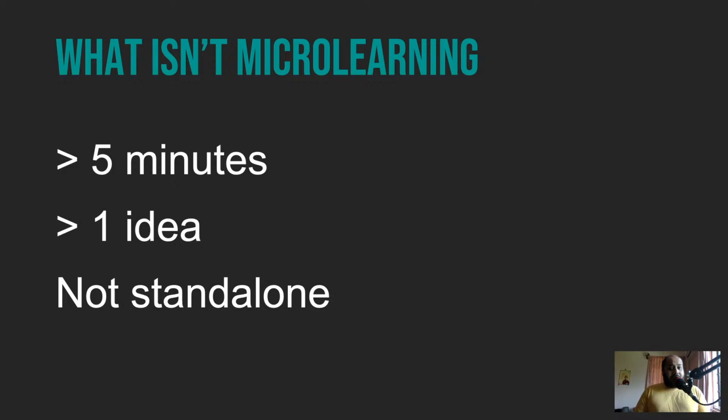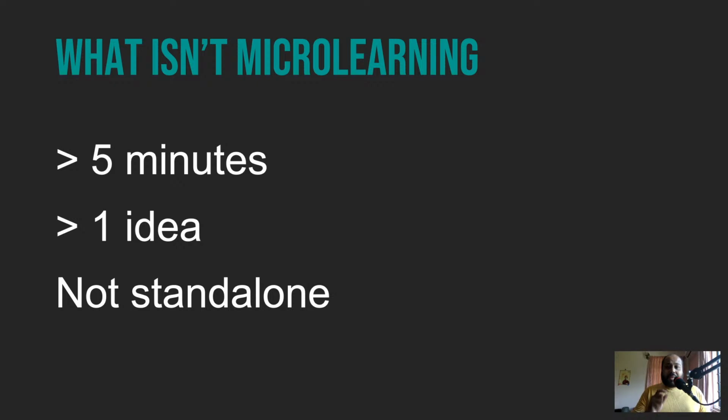And the third point is not being standalone. This is another point that I would like to highlight, and it is one of the common misconceptions, or I would say a wrong way in which micro learning is used: as a subset of a larger part. That part is actually fine, but when you take that micro learning piece, it should be standalone in itself.